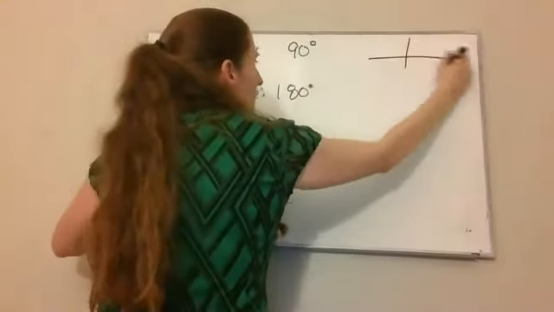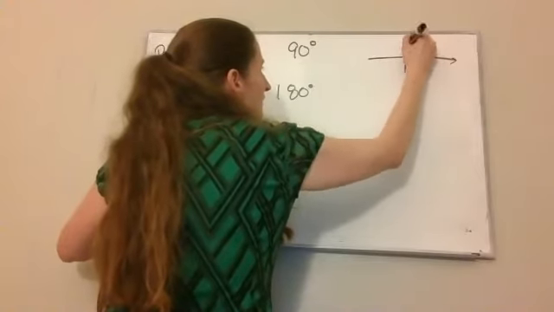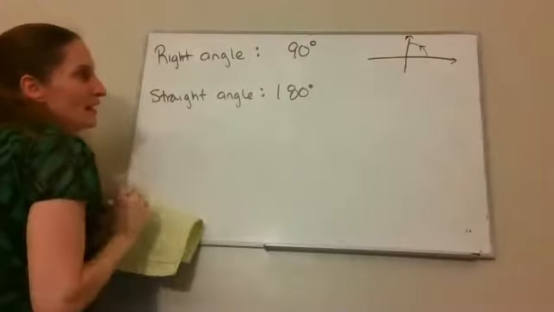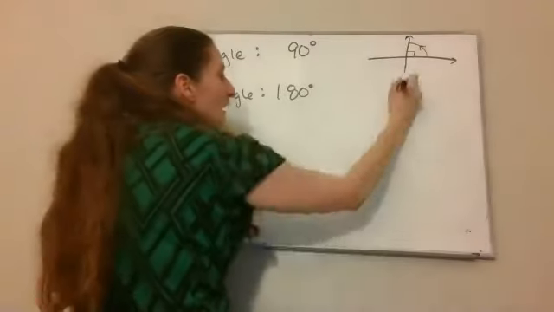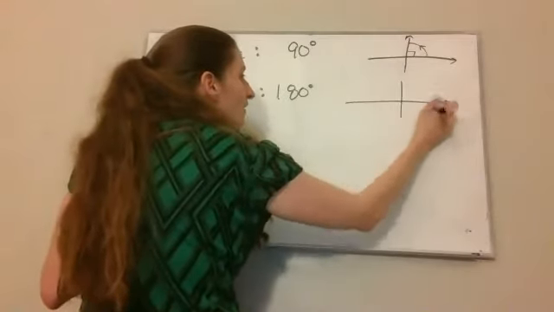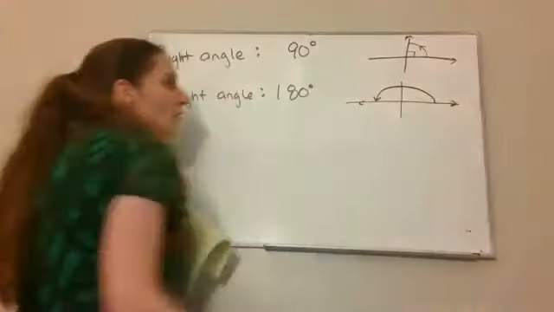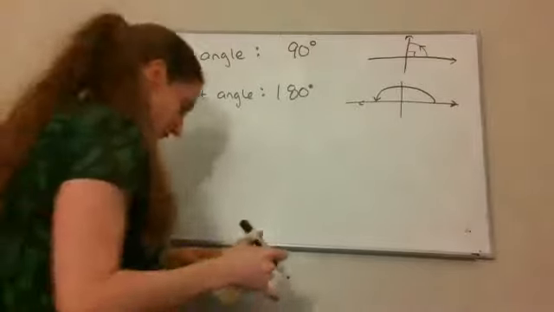So this quick little drawing here, if I had a right angle, if we're talking about that angle right there, going 90 degrees, 180 degrees for our straight angle, goes around like that, makes a flat line, which is why it's called a straight angle.